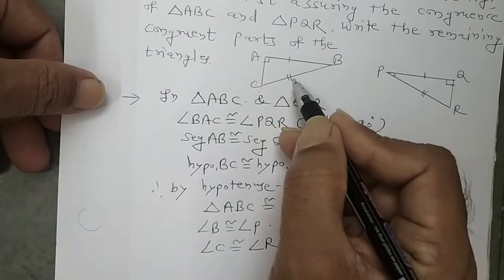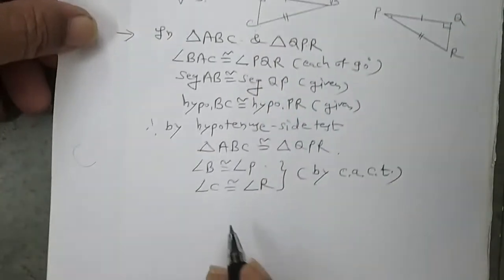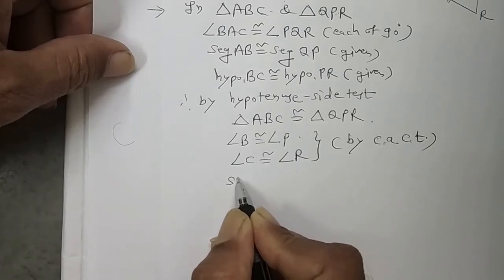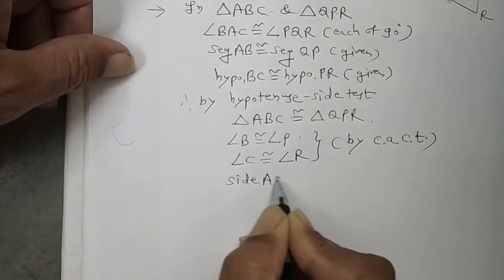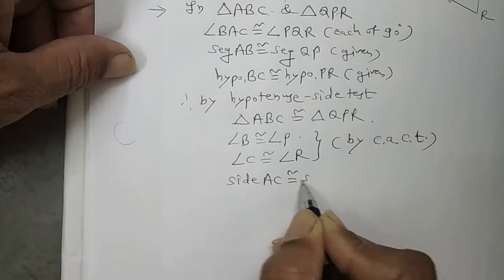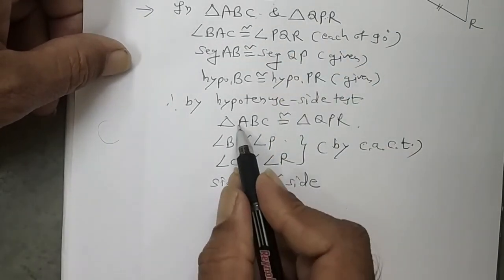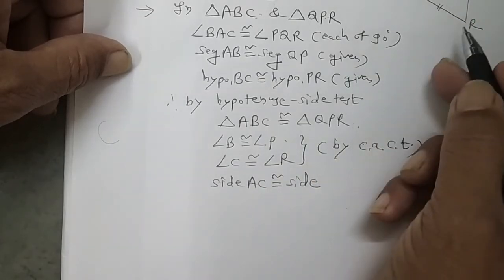Now for the sides, these two sides are congruent, therefore side AC is congruent to side QR.